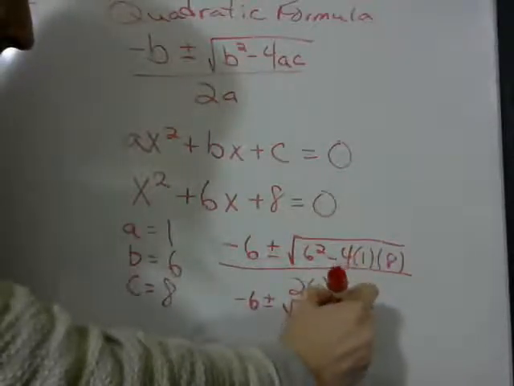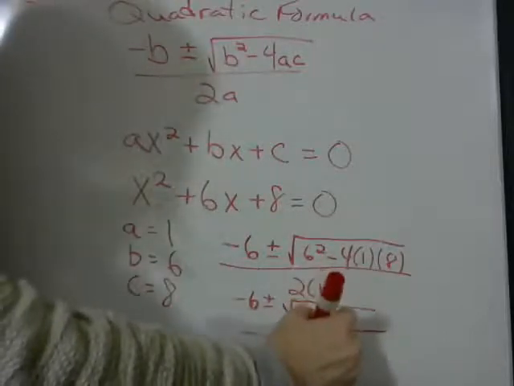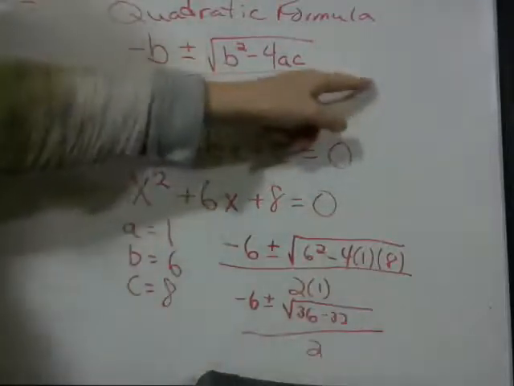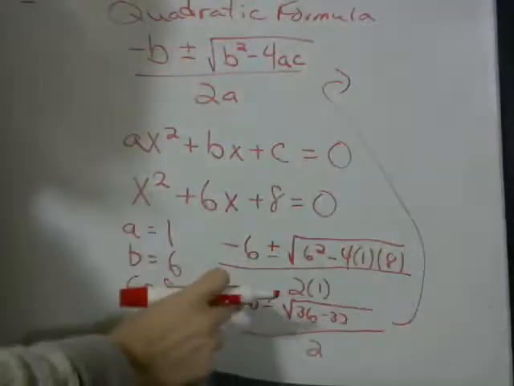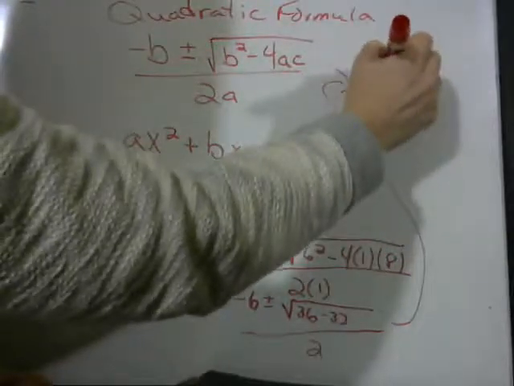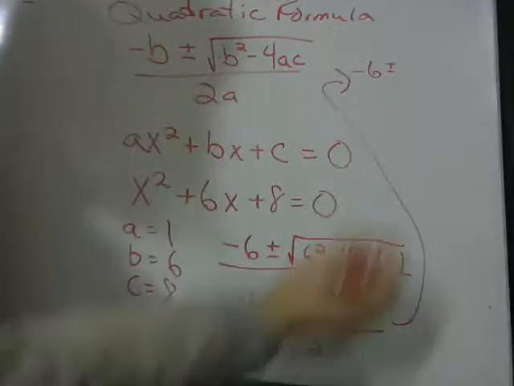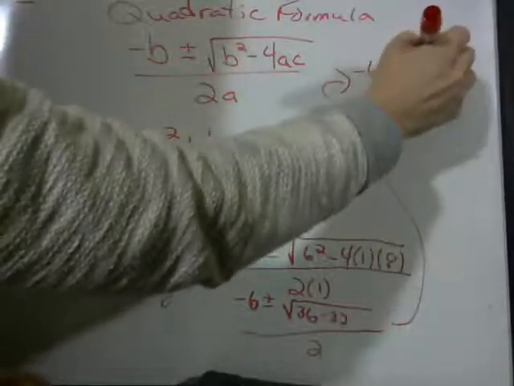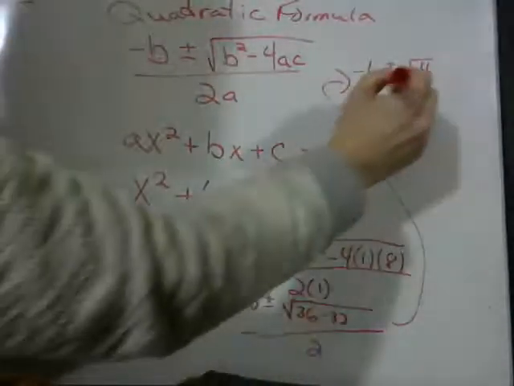Minus 32. All divided by 2 times 1 is 2. So I'm going to come up here to finish this. So we have negative 6 plus or minus. What's 36 minus 32? 4. All divided by 2.